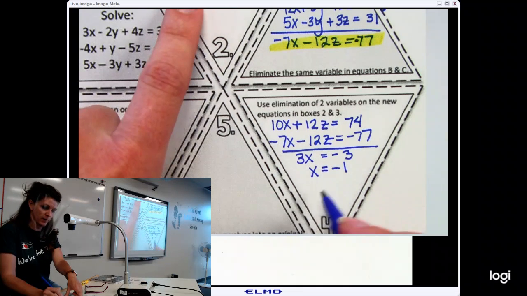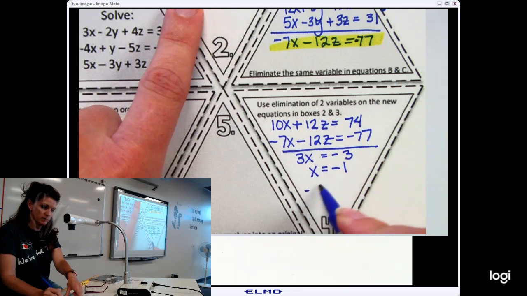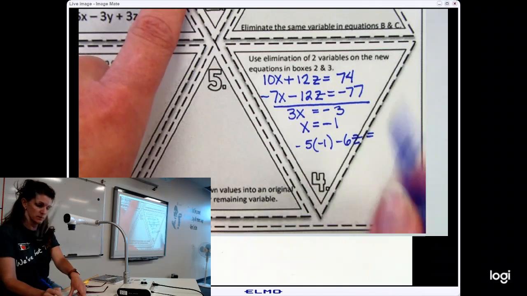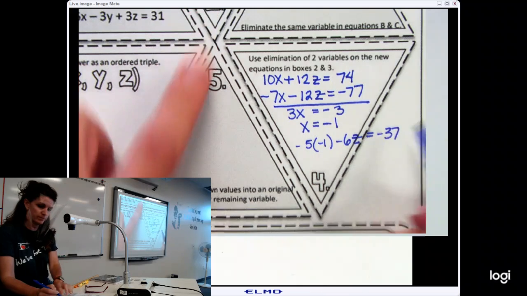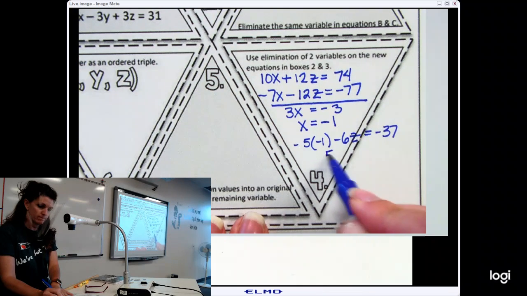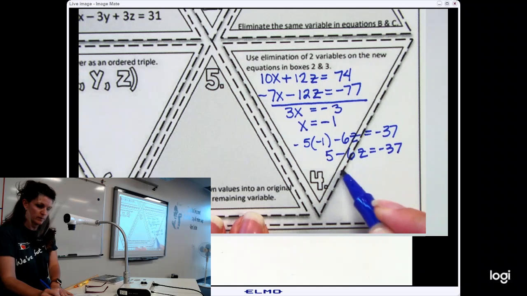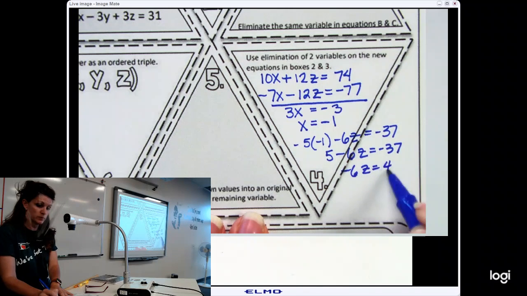All right, so I've got -5 times -1 minus 6z equals -37. -6z equals -42. So z equals, I lost my negative.